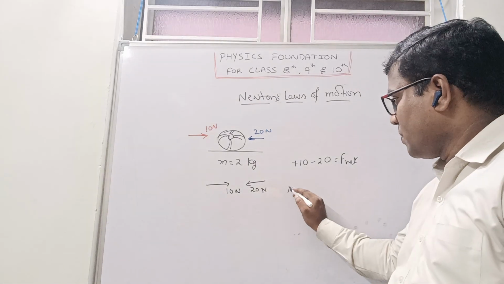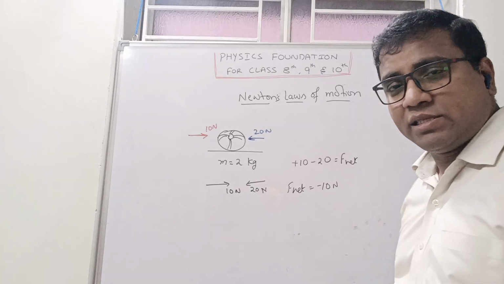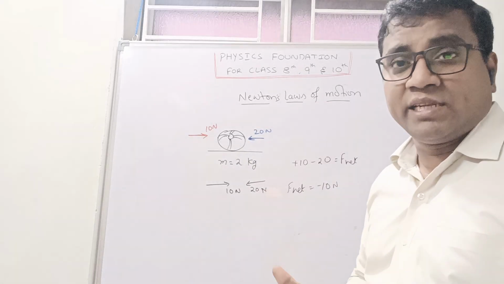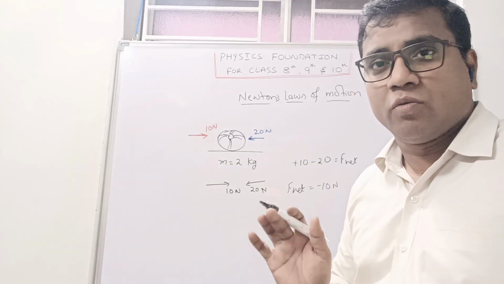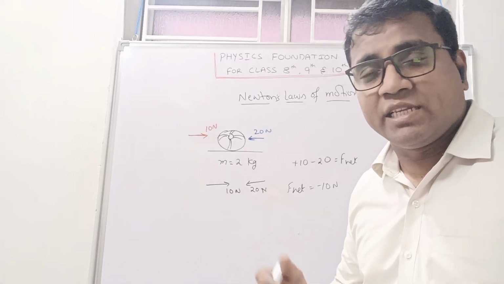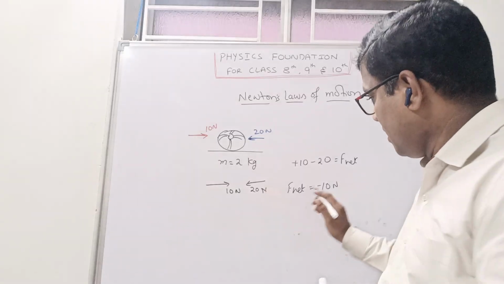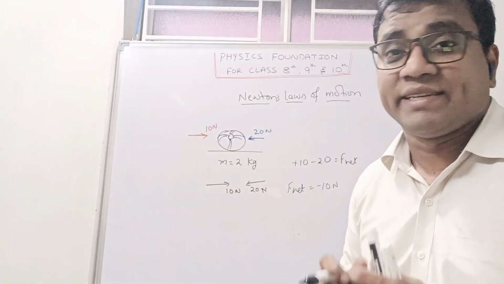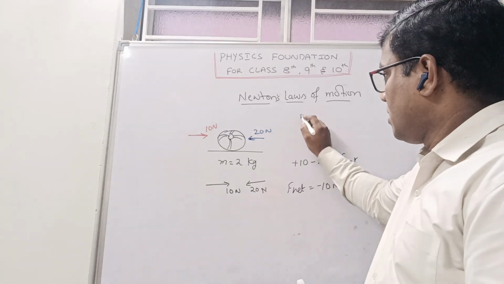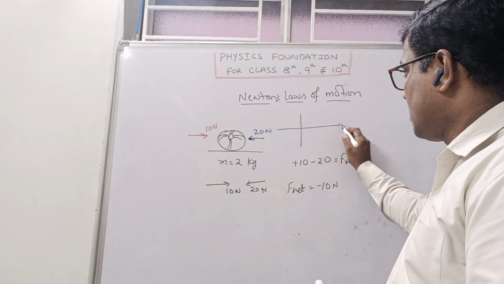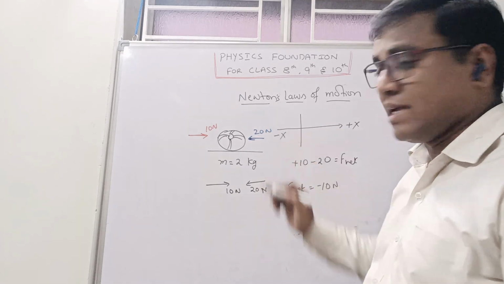So I will write here F net is equal to minus 10 Newton. Don't consider, sir, that here minus 10 means less than 0. No. Minus 10 is not less than 0. Here minus represents the direction. We are saying this is the plus x-axis, and this one is the minus x-axis.